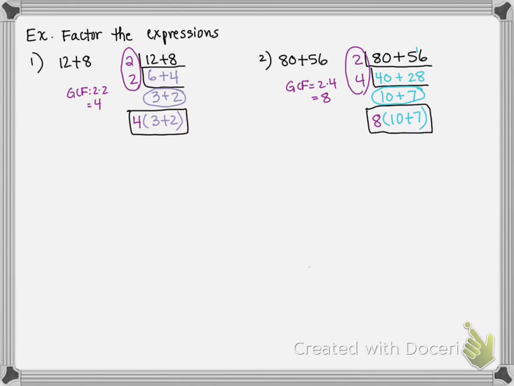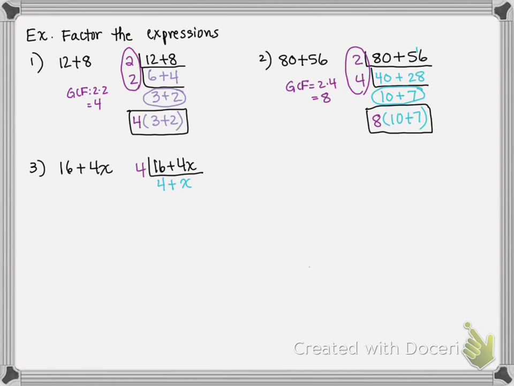Okay, let's step this up a notch. Let's do an expression that has variables in it. So let's do 16 plus 4x. Okay, so I'm going to go over to my factor ladder. And some of you might say, hey, I know 4 goes into both of those numbers. Cool. Let's see what we get left. 16 divided by 4 is 4, and then it says plus, and 4x divided by 4 is x.